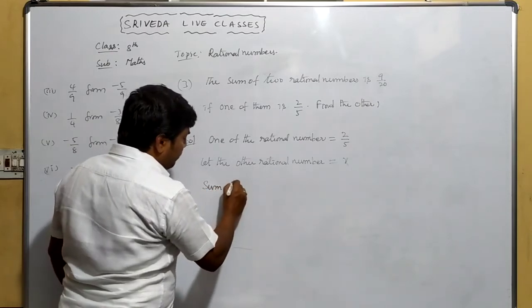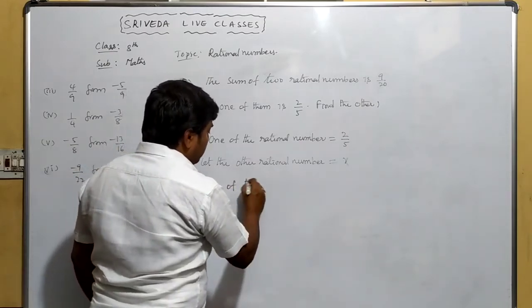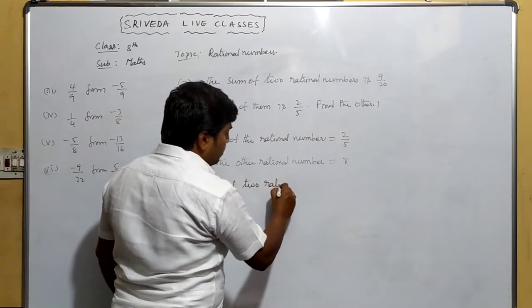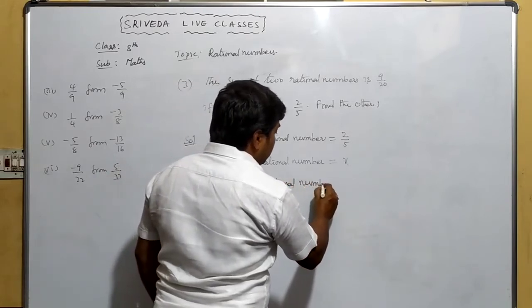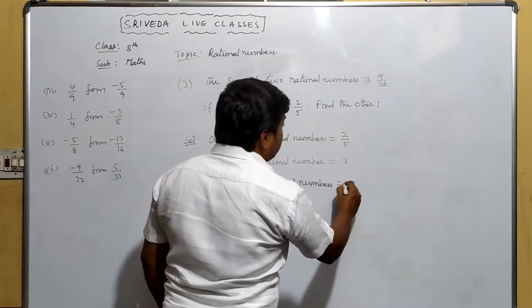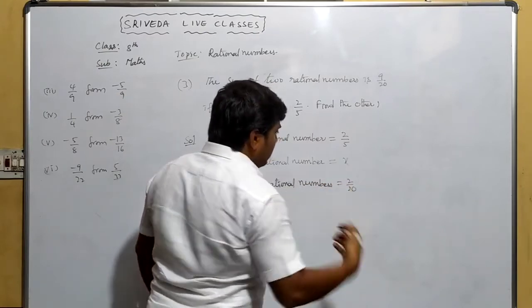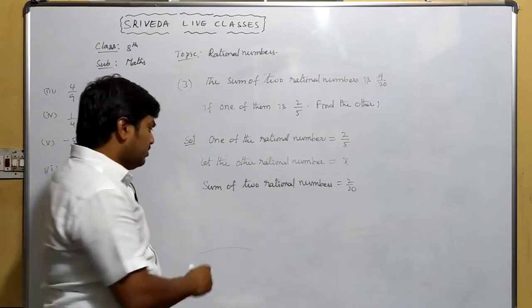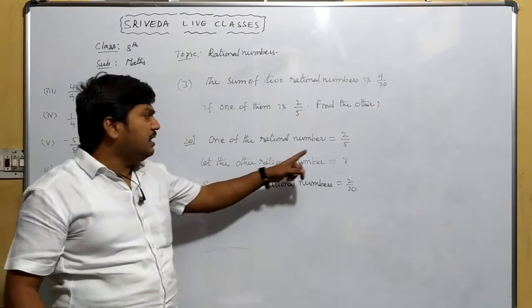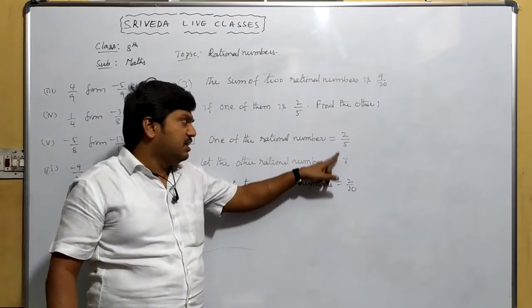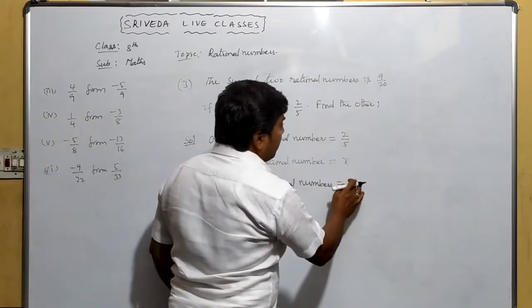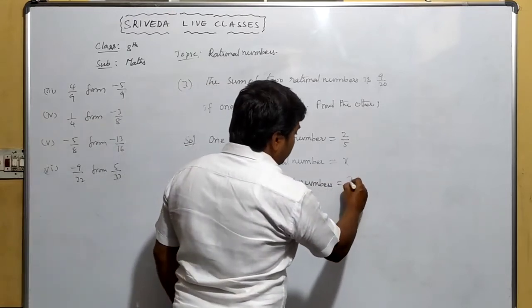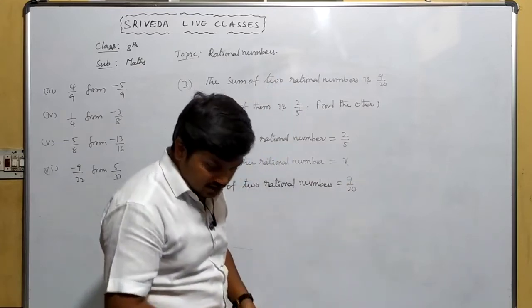Sum of two rational numbers is equal to 9 by 20. First one is this, second one is this. Sum of these two is 9 by 20. Marker is not working.